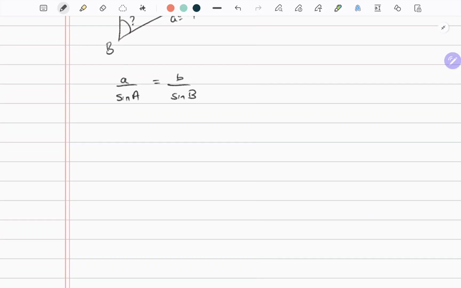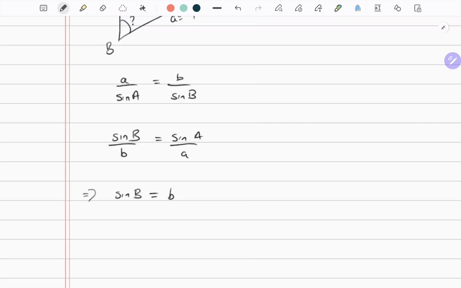So we will rearrange this a little bit. What we'll do is flip this upside down, and we're going to say sine B over b is equal to sine A over a. And then eventually we need to isolate B, but we've got to do a few things first. So we're going to say sine B, multiply both sides by that length side b.